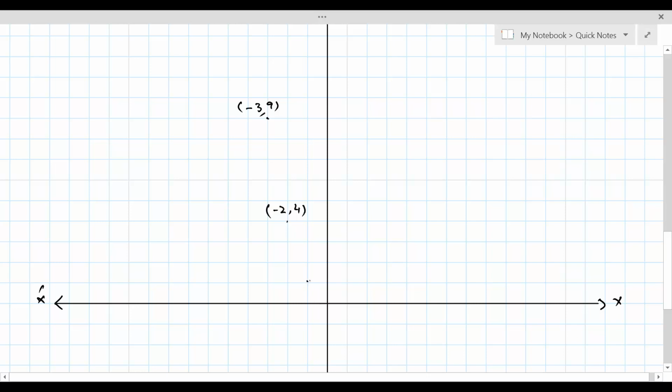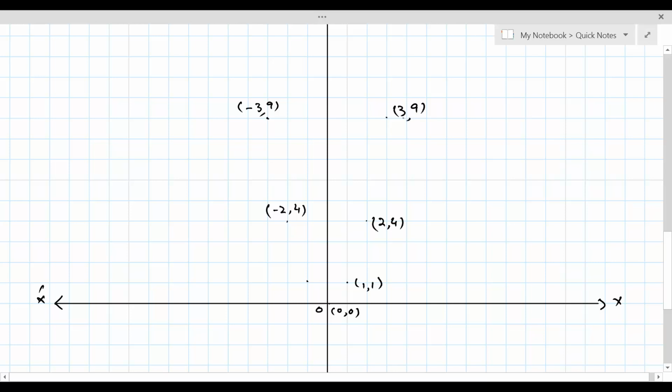-1, 1 is right here. 0, 0, which is origin, is right here. 1, 1 is right here, and let's label it 1, 1. And then 2, 4 is right here. This is 2, 4, and then 3, 9. So 3 and then 9. This is right here. 3, 9.